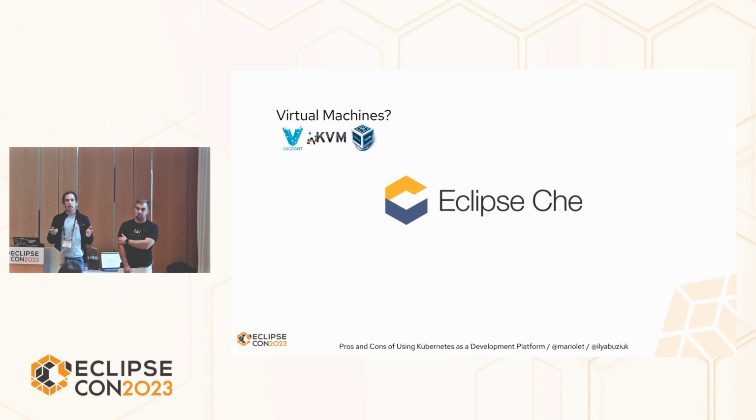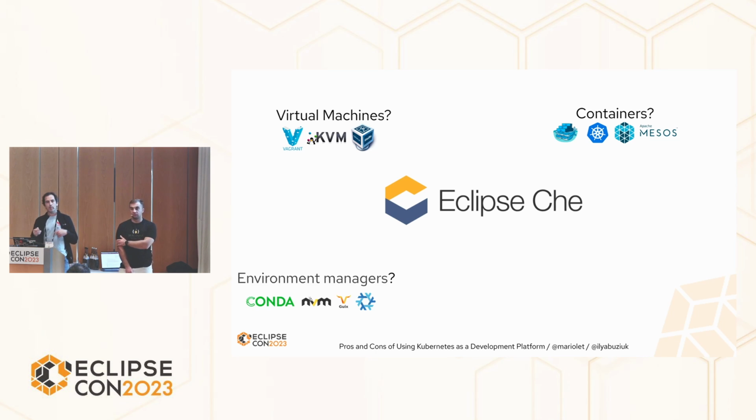That could be virtual machines. So Vagrant was popular, it's still popular today, but at the time when the project started, VMs were probably the best choice. And it could be virtual machines, but it also could be containers. Containers allow you to start lightweight, isolated environments. Or environment managers.